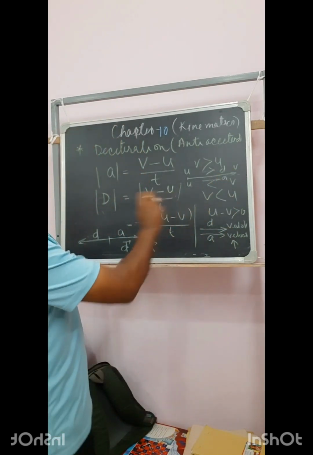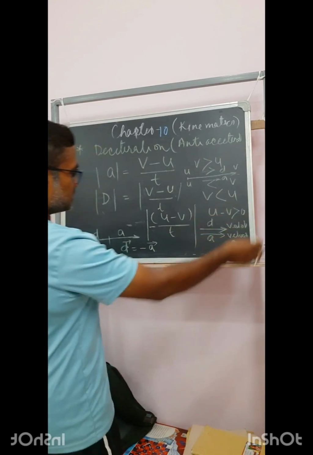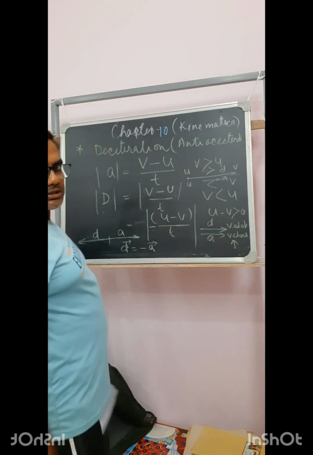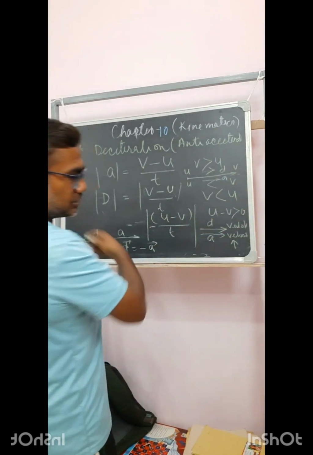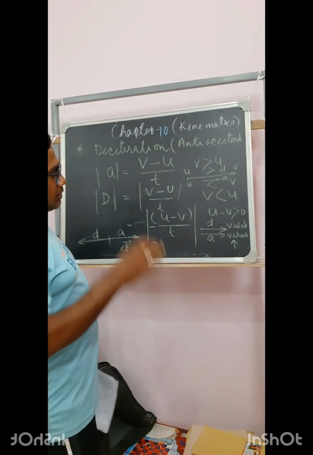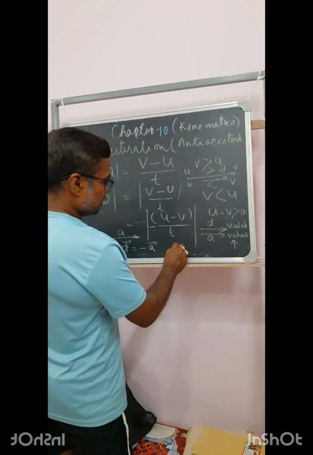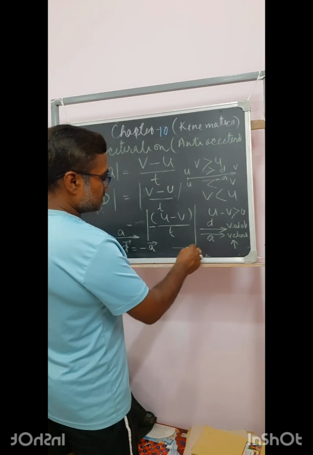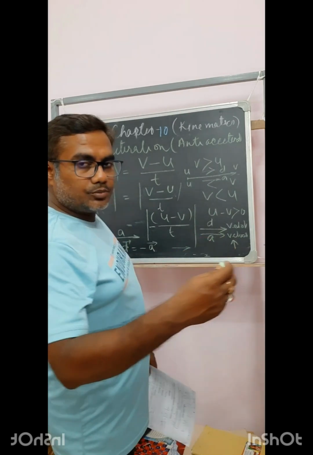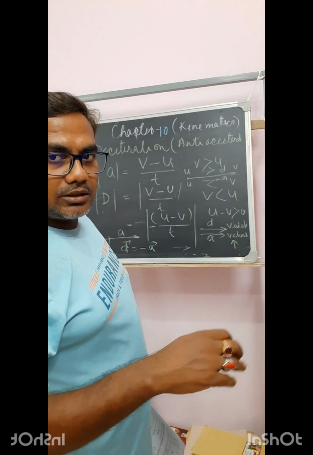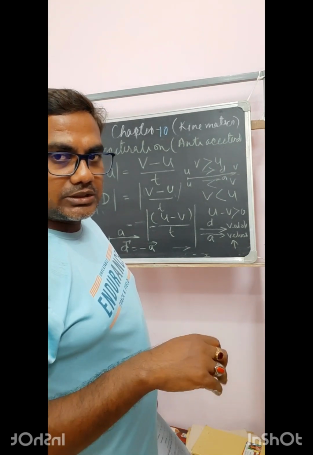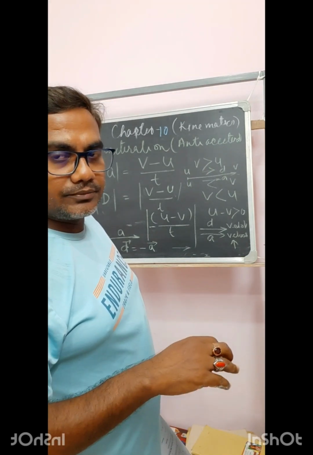So you understand that concept. It is not that when deceleration is mentioned you have to consider a vector opposite to acceleration. It's not that. The only meaning is that if deceleration is happening, it is in the opposite direction to the velocity increment.